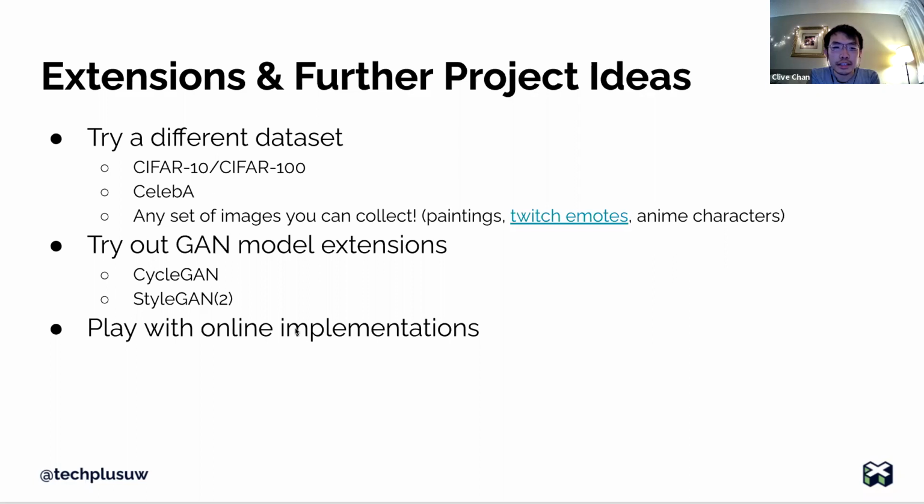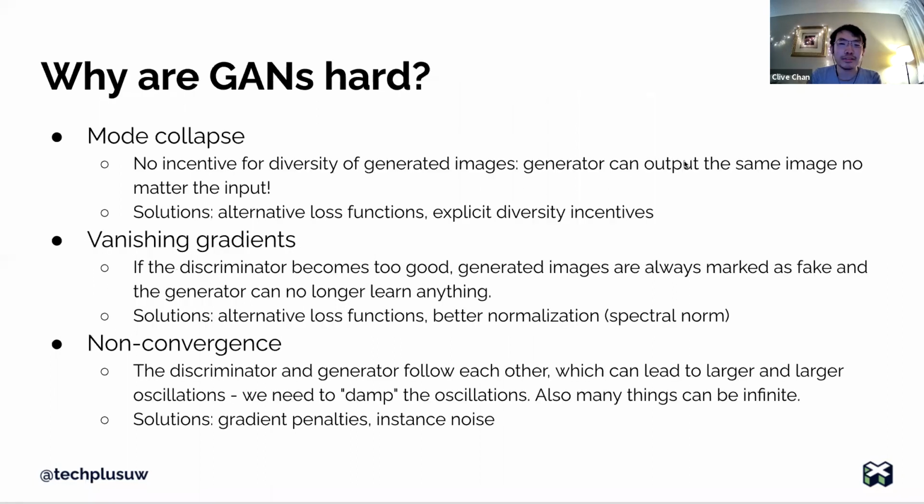It's trained on CelebA, I think, and it's incredibly realistic. Just play with some of those online implementations if you want, or pretty much anything. That is a list of project ideas, and feel free to go for anything.